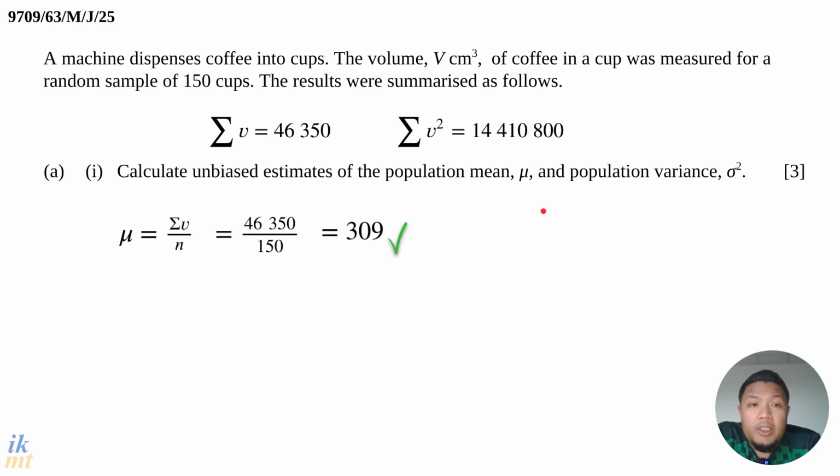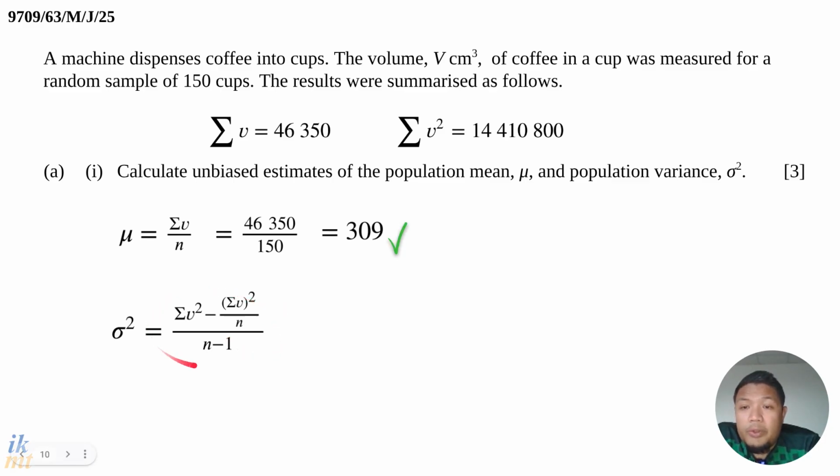Now for the unbiased estimate of the population variance, make sure that when you go to the MF19, you grab the formula for the unbiased estimate for the standard deviation. But since we are finding the population variance, we don't need the square root sign.